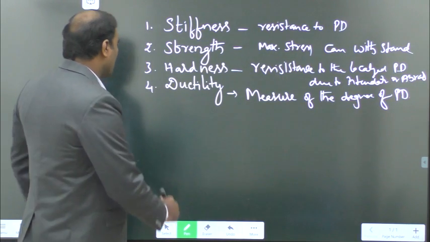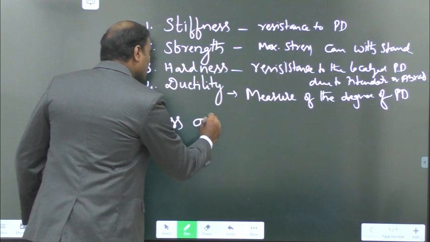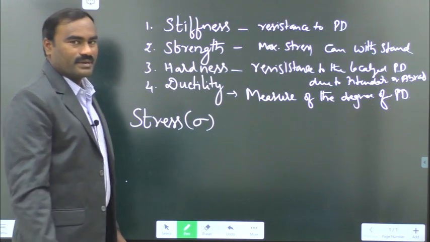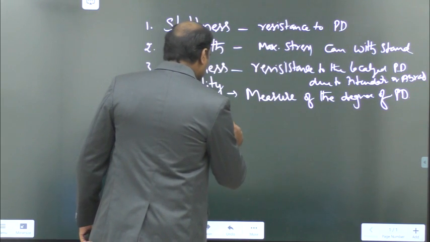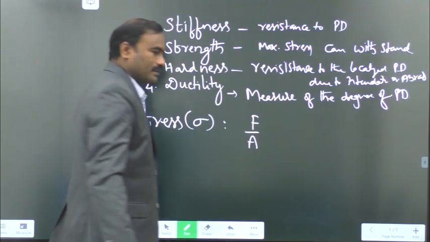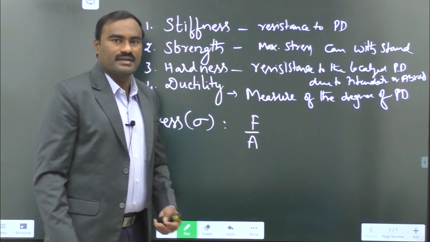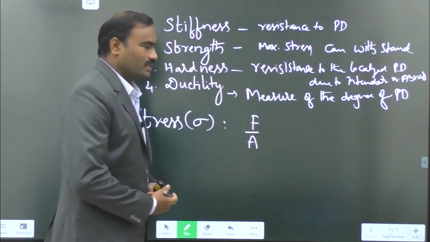We have seen about stress, or engineering stress. It is represented by sigma. Stress is nothing but force per unit area, or you can simply define it as the ratio of force to the cross sectional area of the material.